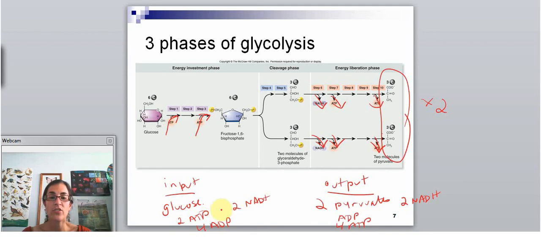So these are all energy molecules, so that's why I said what's happening to the energy. So some of the energy that was in glucose is now in these molecules. Pyruvate still has more energy in it, so it will have to go on to the next stages of cellular respiration. NADH has energy in it that the cell wants to convert into ATP, and so it will have to go on to oxidative phosphorylation.